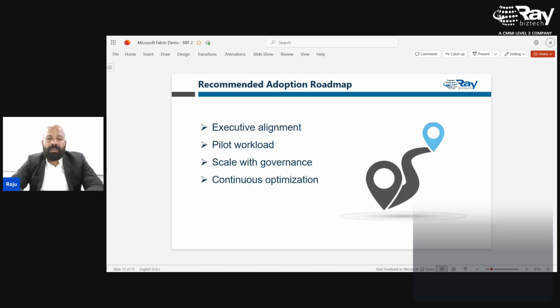Initially, if there are 15 business use cases, take one, migrate the data, and see how the data is getting moved onto Fabric and how the analytics are performing. If you agree on the ROI, cost factor, and business value, then you scale with governance.